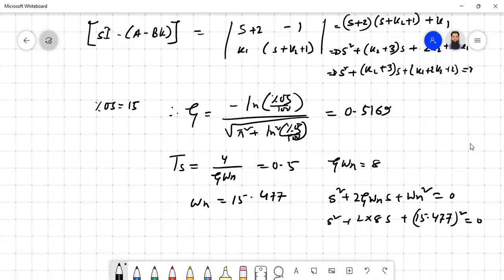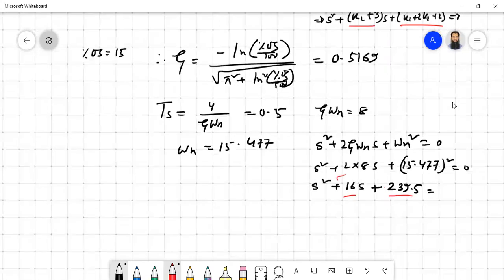Now if we apply all this, then you're going to get s square plus 16s plus 239.5 approximately. Now you have to compare these two equations. So basically this has to be equal to 16 and this one has to be equal to 239.